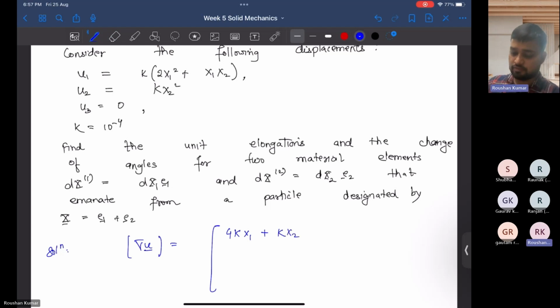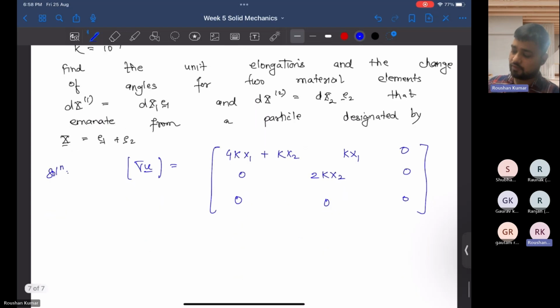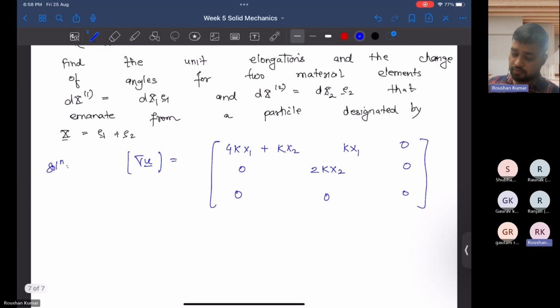Del u1 over del x2 gives us k x1. Del u1 over del x3 is 0. Del u2 over del x1 is 0. Del u2 over del x2 is 2k x2, then 0. Del u3 over del x1, del x2, del x3 are all 0. So we find the value of grad u.